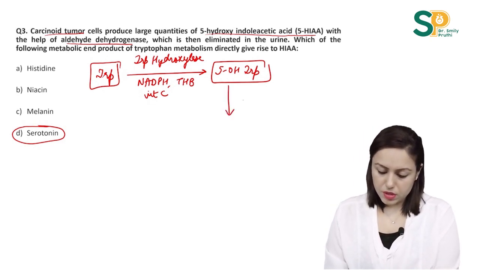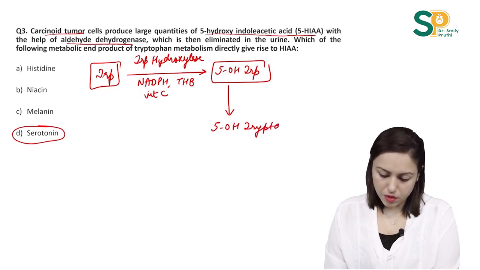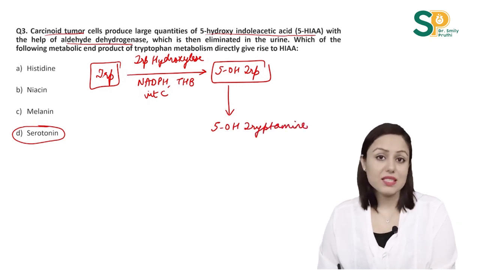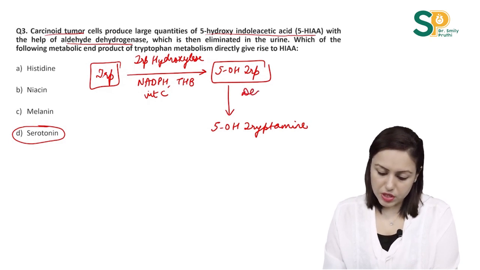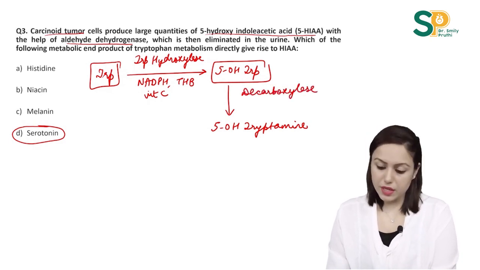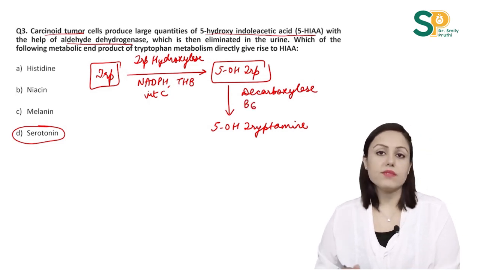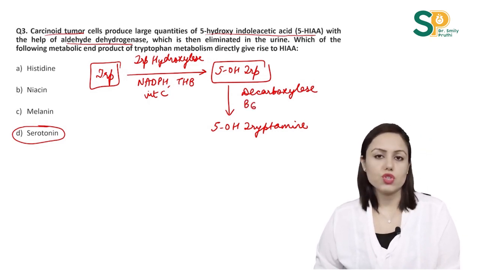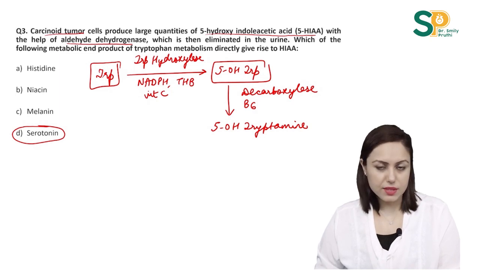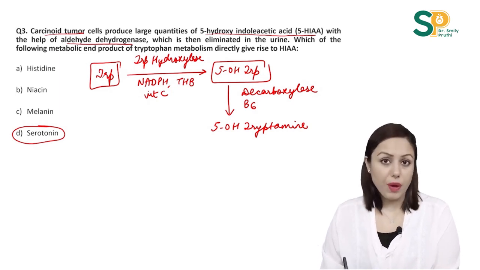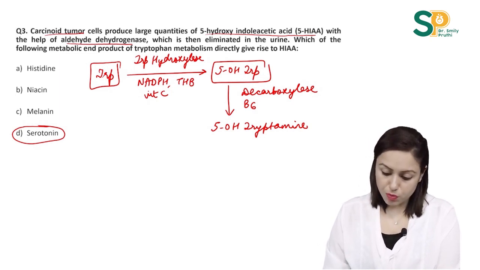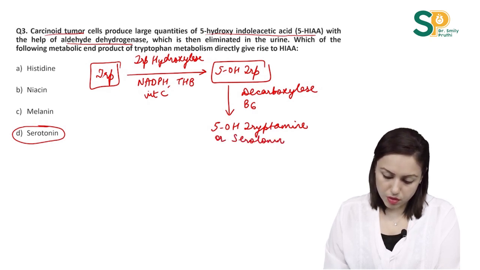Now, we get 5-hydroxytryptamine, and the enzyme here is decarboxylase. Any decarboxylase which is doing simple decarboxylation requires vitamin B6. Okay, so this compound which is formed, 5-hydroxytryptamine, that is called serotonin, right?